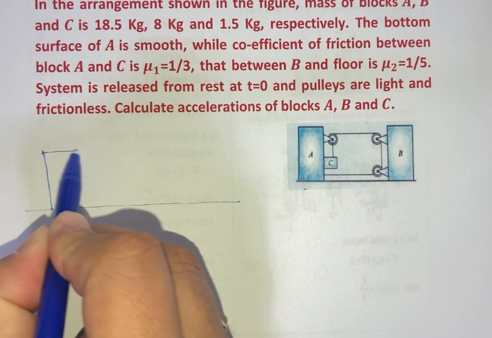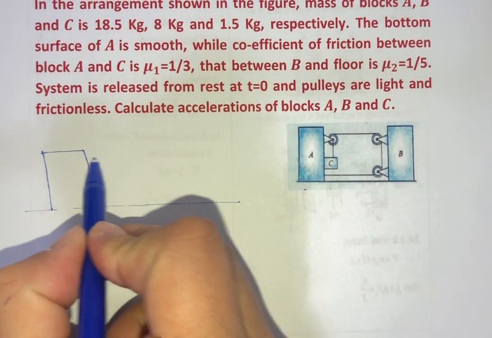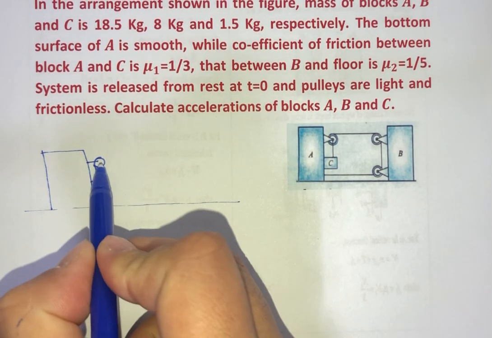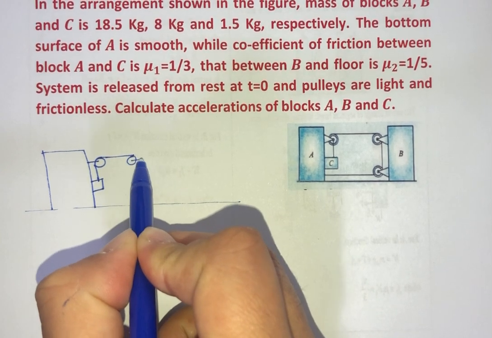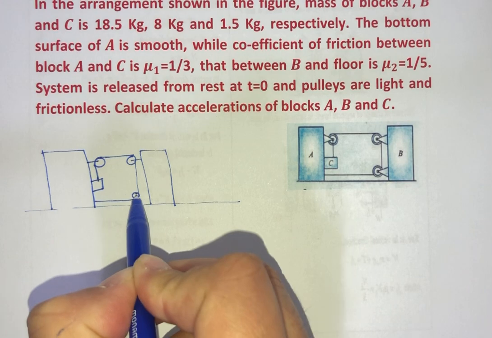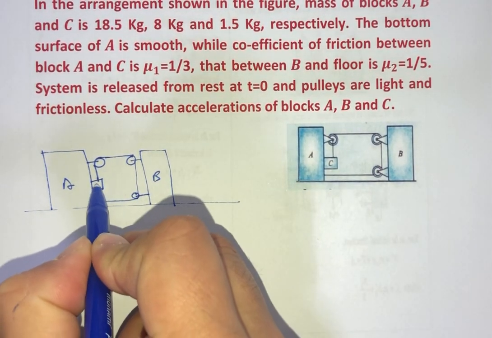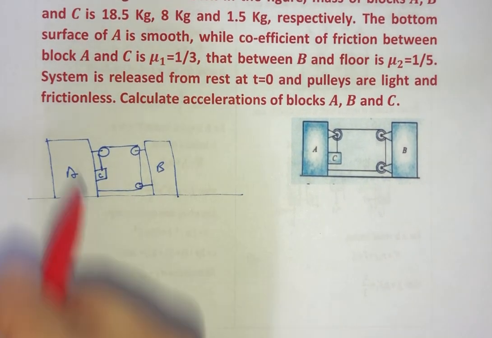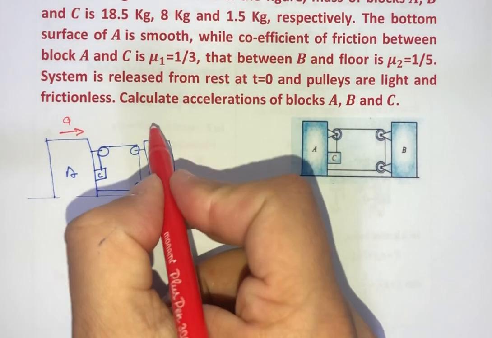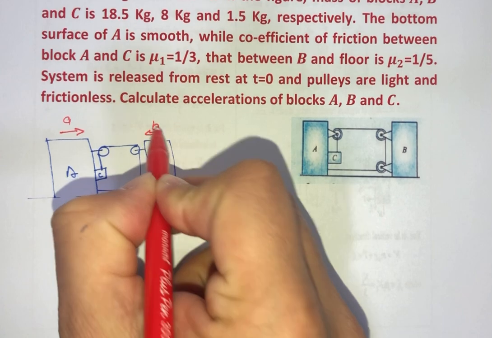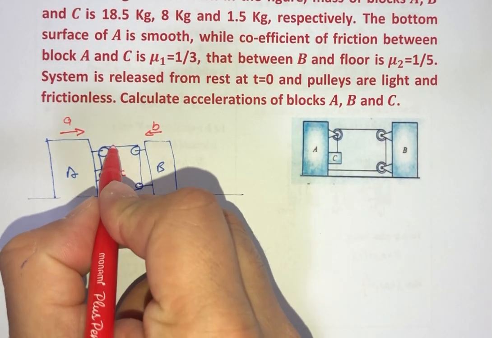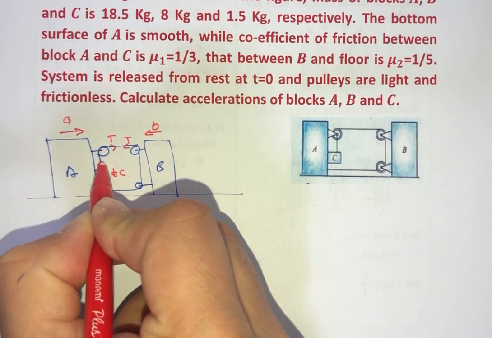So we have block A, connected with a pulley to block C, and then there is block B. So this is for A, B and C. We assume that block A is moving with acceleration A towards the right side, block B is moving with acceleration B toward the left side, and C is moving downward with acceleration small c. And let T be the tension in the string.